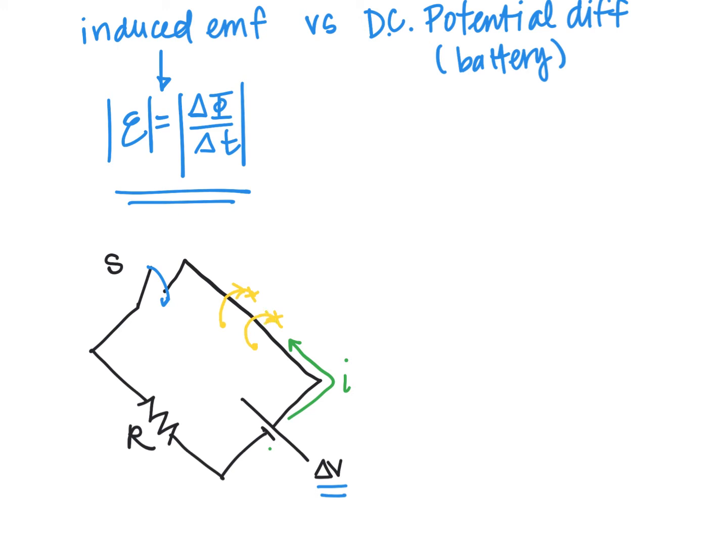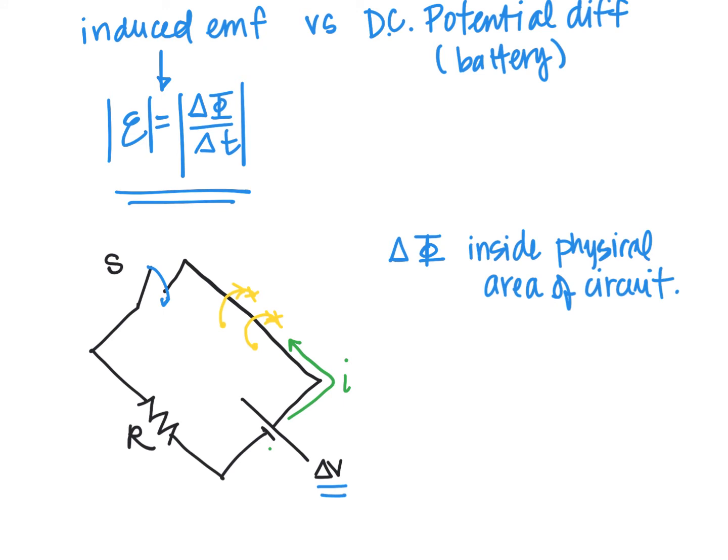And previously there was no magnetic field inside this area. There was no magnetic field here. So now we have a case where we have a changing magnetic flux in the area inside the physical structure of our circuit.